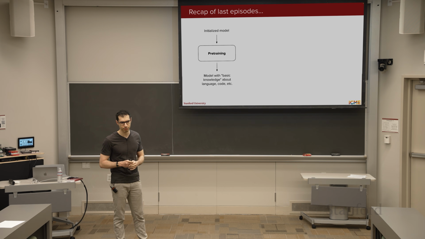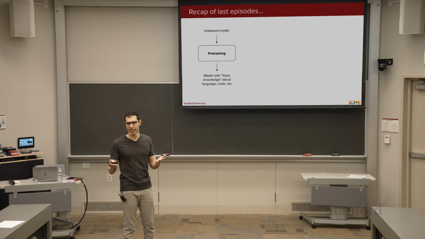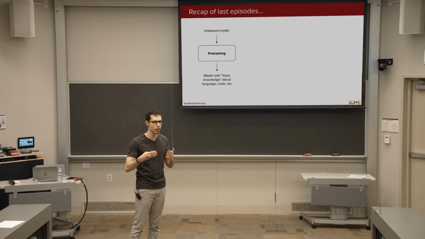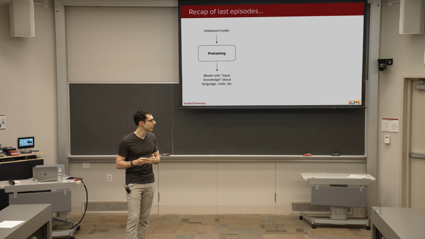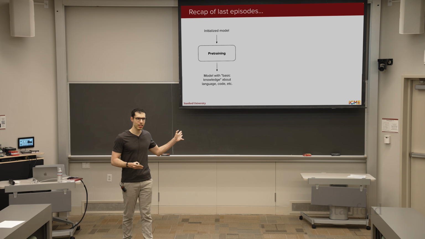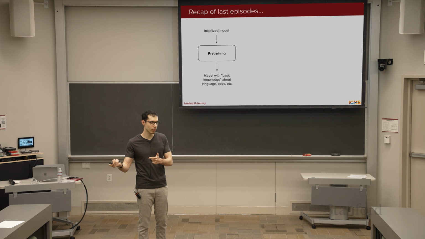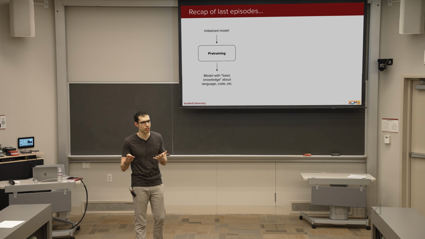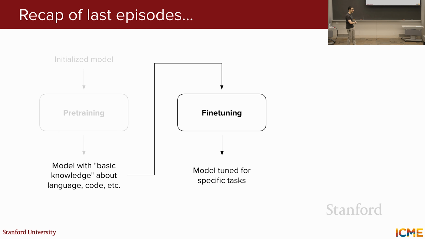At the end of this step, what you obtain is a model that knows about the structure of language, about code, basically all the text that it has been fed. But what this model can do is only predict the next token. So it's a great autocompleter, but it's not a helpful model yet, which is why we have a second step.